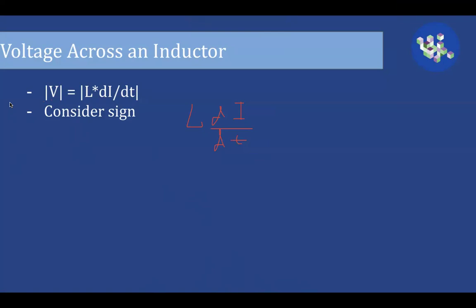Remember how we talked about how an inductor will always serve to oppose the change in current. So if I have an increasing current, I'd expect the inductor to create a voltage drop. You can think of a voltage drop as increasing the resistance.